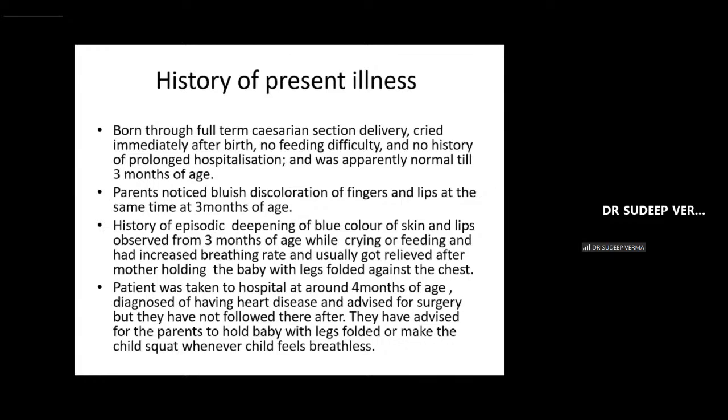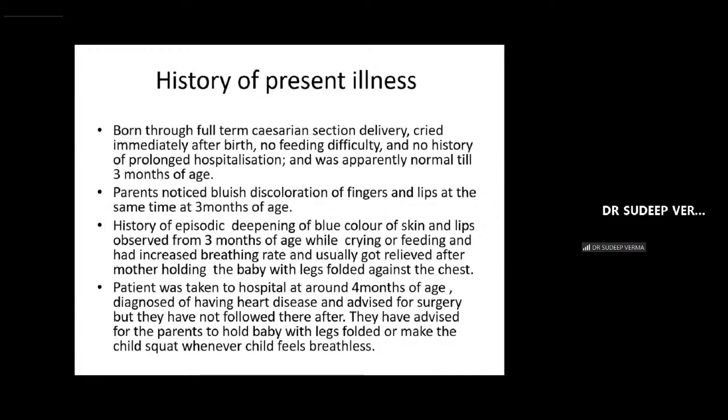Okay, while in an admixture lesion where there is increased flow, like TAPVC, truncus, or any other where there is more flow to the lung, you will see intercostal retraction, there will be cough, and continuous tachypnea. In the history of the spell, there is deep breathing and only the rate increases, not the work of breathing. That is known as quiet tachypnea. Quiet tachypnea is because of the acidosis which happens during the spell episode.